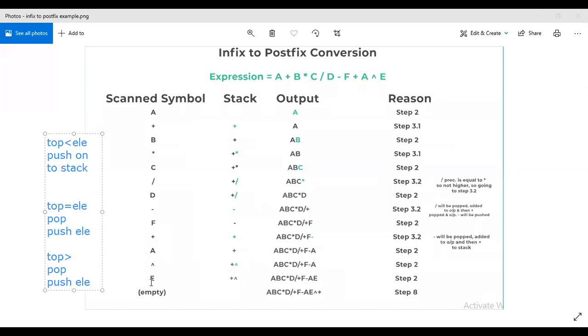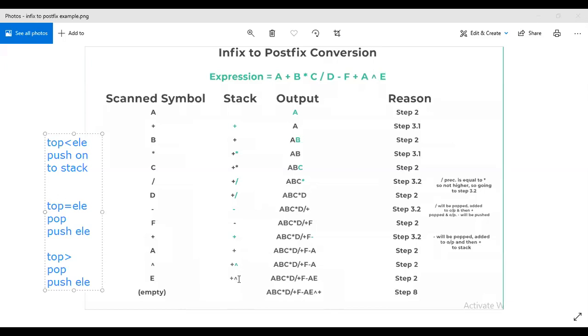Now in the next step, what I will scan? I will scan the operand E. Just I will print that operand E. Next, the expression is over. Whenever I encounter the end while scanning the expression, what I will do? I will pop one by one all operators from the stack and print.